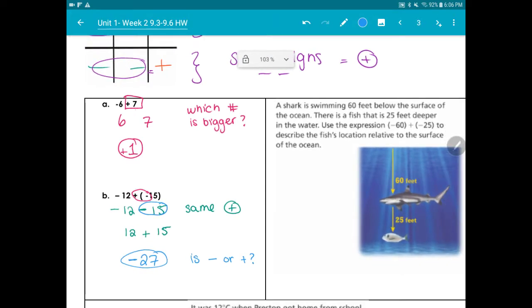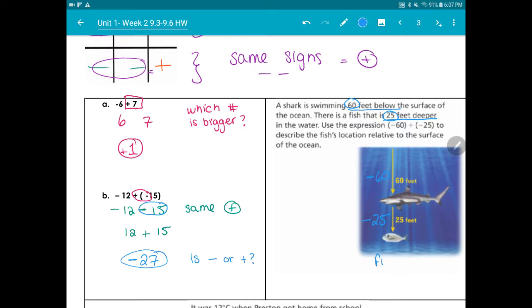All right, a shark is swimming 60 feet below the surface. So that means -60. And there's a fish that is 25 feet deeper, so that means 25 feet more. So I want to ask you, is it getting deeper? Am I going further down or am I going up at all?